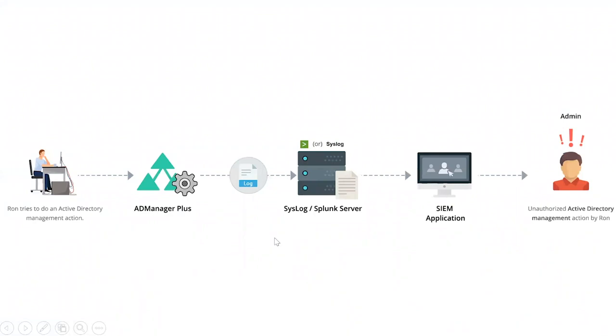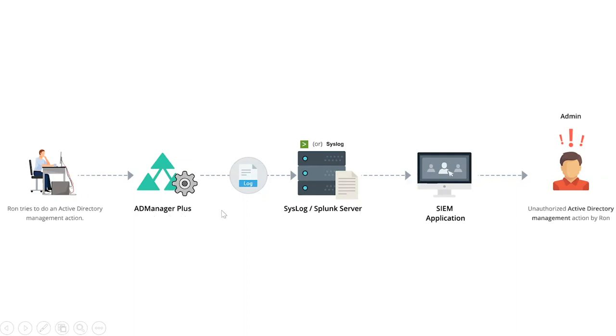And I already told you that apart from the regular business application integrations, we would even be able to forward important actions to your centralized log repository. So let's say we have a user Ron, and Ron tries to delete a user via the application.